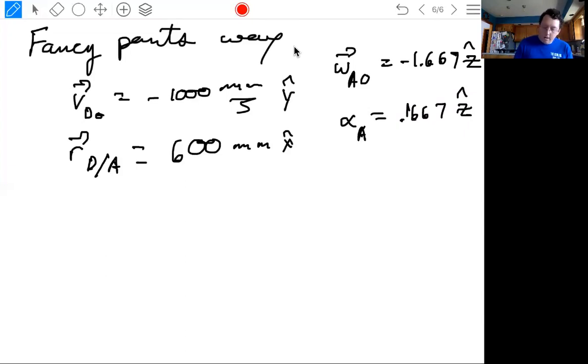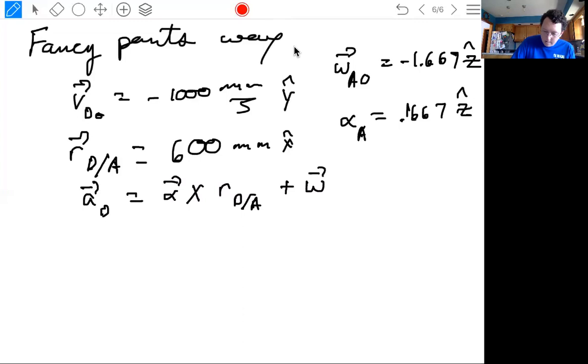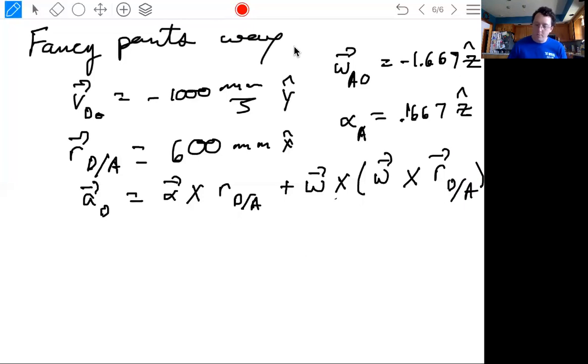Now, in the lecture video, I said that the general formula for the acceleration at point D would be alpha cross r of D relative to A, plus omega cross the quantity omega cross r of D relative to A. So we've got everything in vector form.